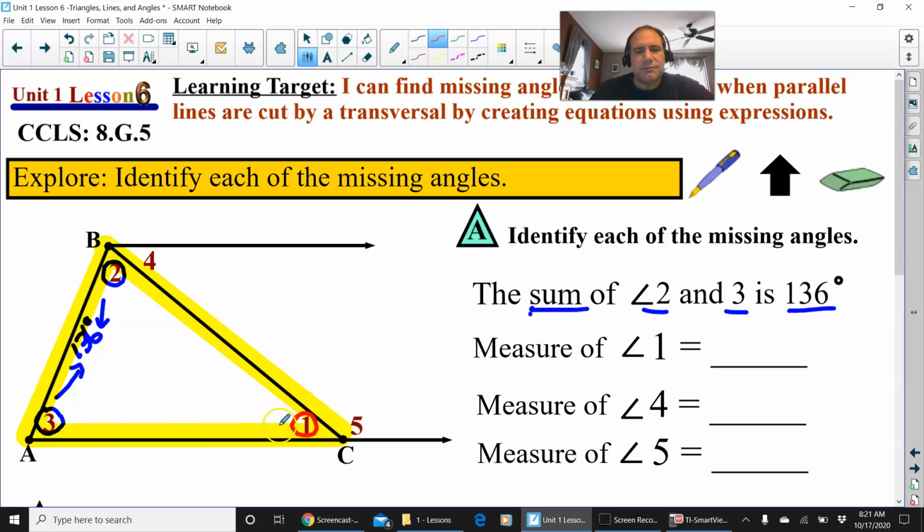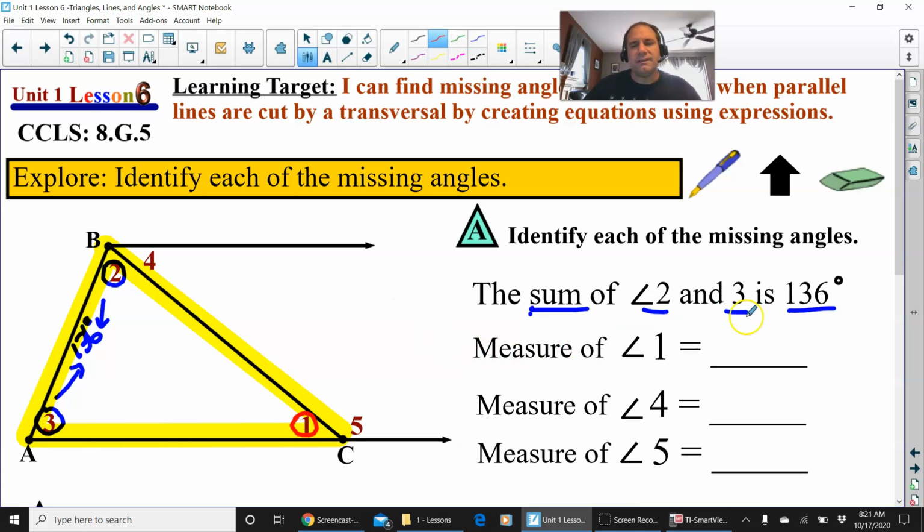What we want to do is find the measure of angle 1. And you know all of the interior angles of a triangle equal 180 degrees. So if these two, when you add them together, equal 136, what would you have to do to find the missing angle measure that would eventually have to be added to 136 to get 180?